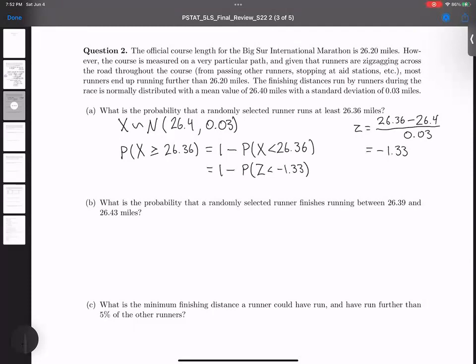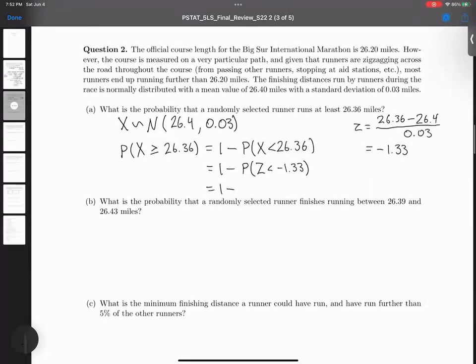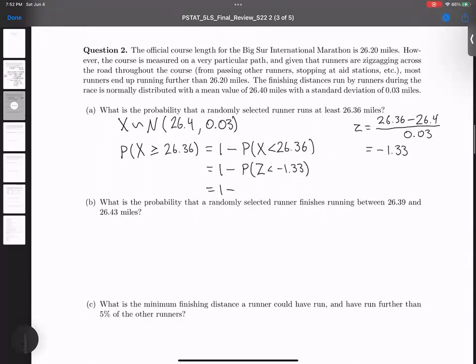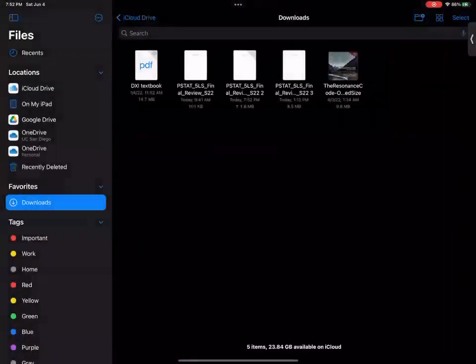And that's equal to 1 minus, we looked this up in a table, and I don't have the table on this iPad, so I can't actually display it. But again, I wrote out these solutions earlier.